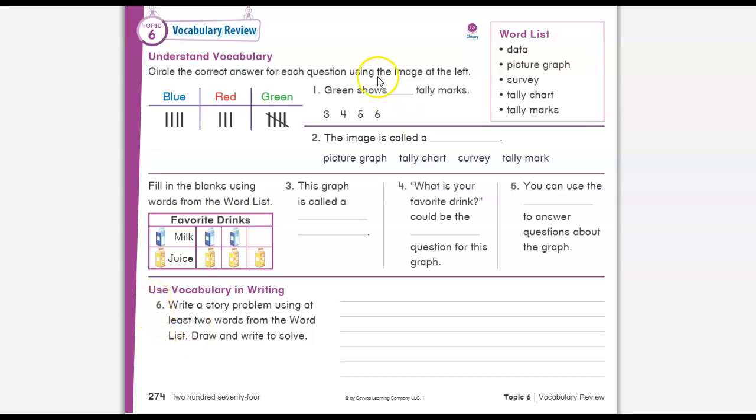For our last problem on number 6, it gives you a challenge. The directions say to write a story problem using at least 2 words from the word list. Draw and write to solve.